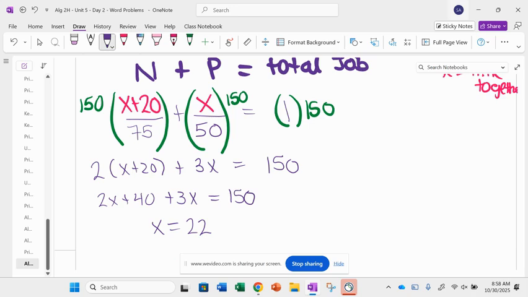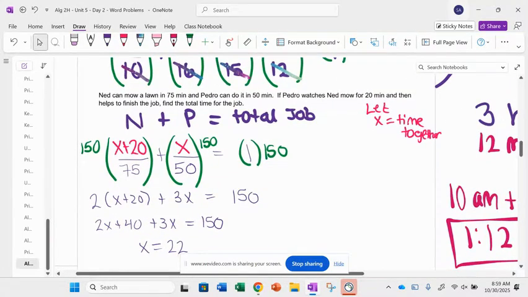What does x represent? Besides Ariana, what does x represent? Good. X represents their time together. But then go back to what we were asked: find the total time for the job. Was the total time for the job just their time together?